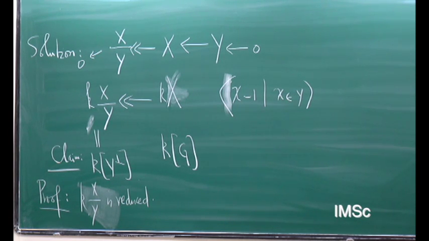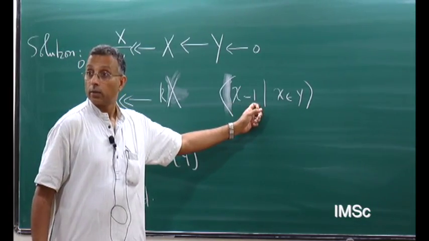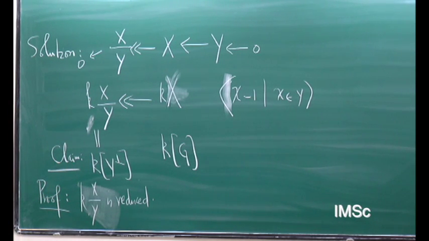Surely that is in the ideal, all that goes to 0. Every element, if chi is in Y, when I map it here, it becomes equal to 1. So that's surely in the kernel, right? Now it's a reduced ring, and so if I have some bunch of elements whose zero set is, okay, what situation are we in?